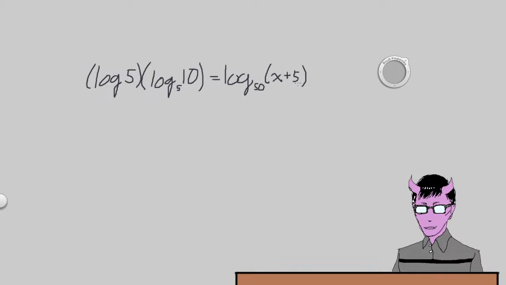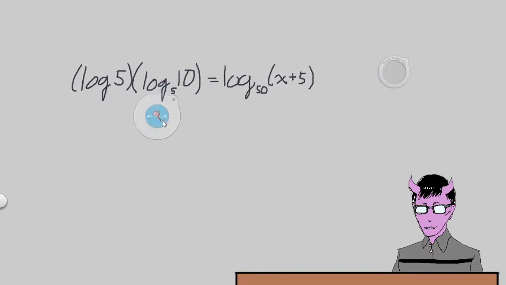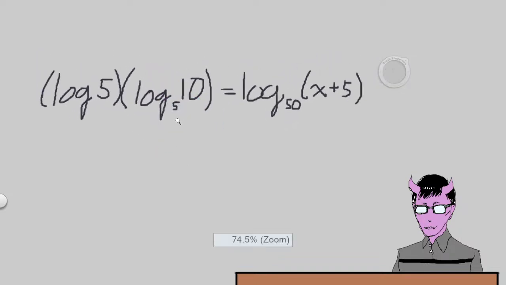So we have multiple types of bases: log base 10, log base 5, and log base 50. There's no log rules where you can just combine this. So don't do, oh, 10 times 5 is 50. We don't have an algorithm for that, at least to my knowledge.